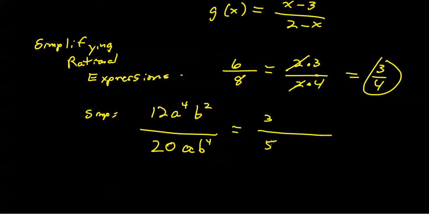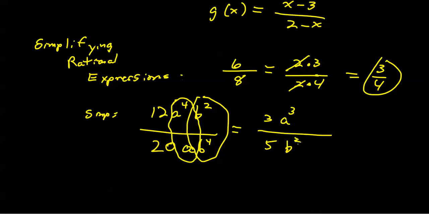We see a common factor of 4 in both 12 and 20. A to the fourth power over a: 1 power of a in the denominator cancels out all but 3 powers of a in the numerator. And b squared over b to the fourth power will simplify with a residue of 2 factors of b in the denominator.